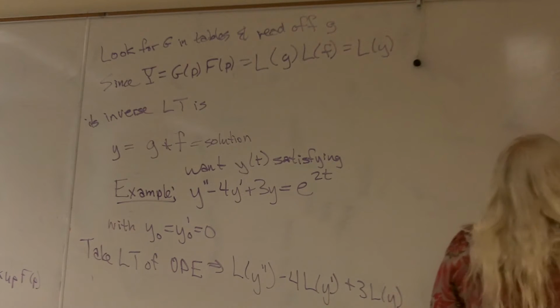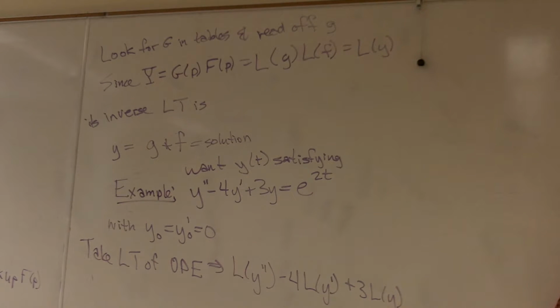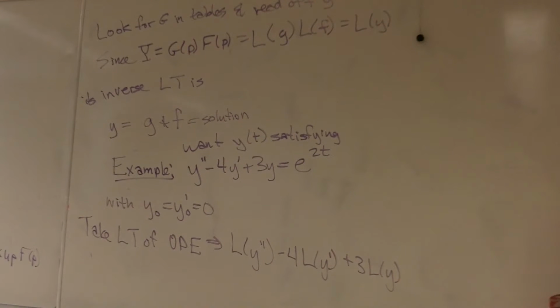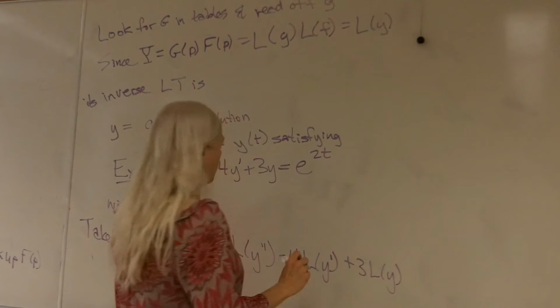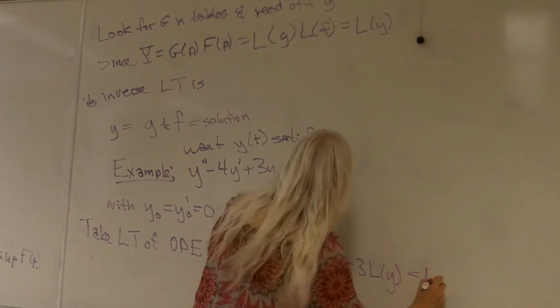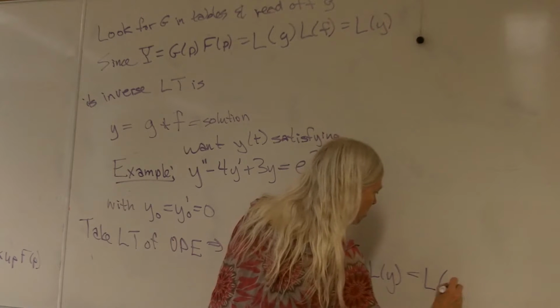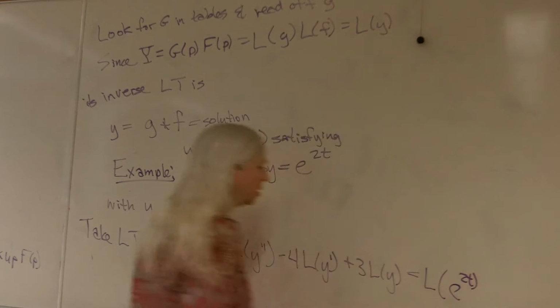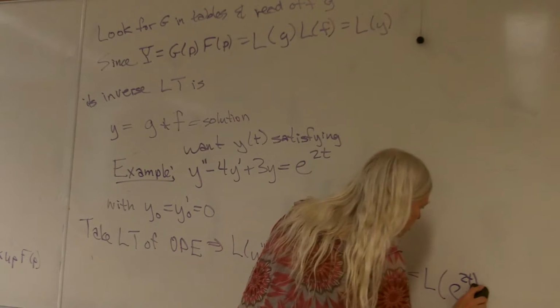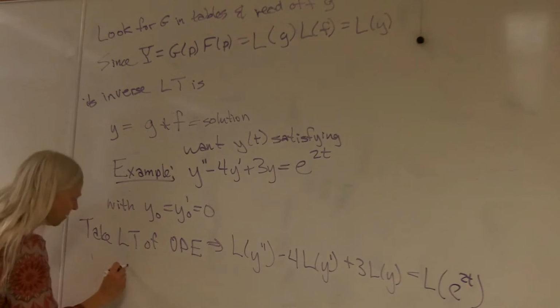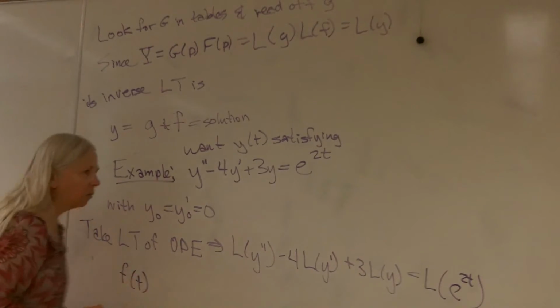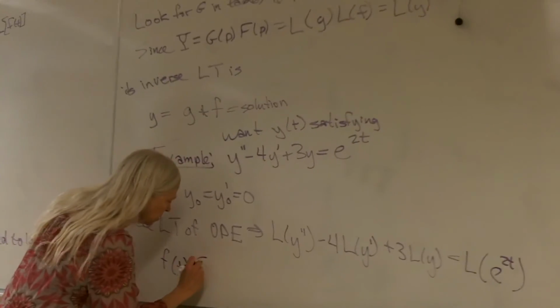Okay, so we've done that. And on the right-hand side, we have the Laplace transform of our function e to the 2t. So in other words, the f of t that we talked about generically appearing on the right side of this differential equation is e to the 2t in our case.